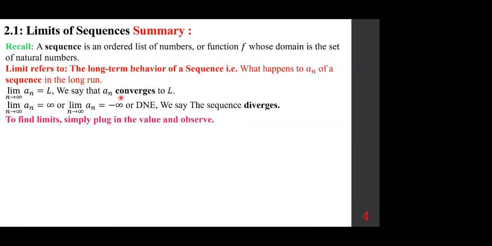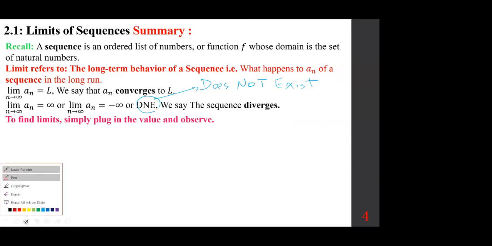Then we say it converges. The sequence a sub n converges to L. But if it's infinity or negative infinity, or it doesn't exist, DNE stands for does not exist, for example, if it oscillates, then we say the sequence diverges.